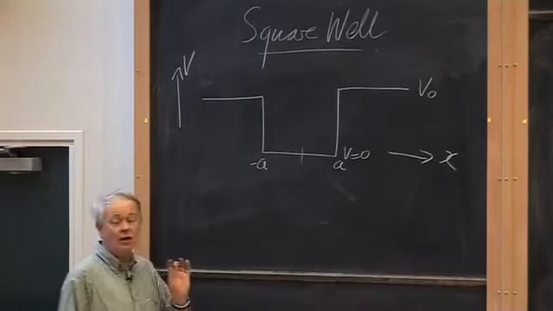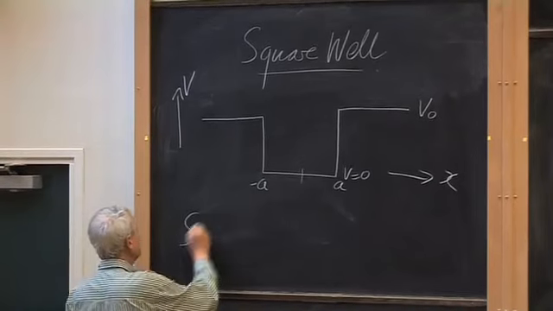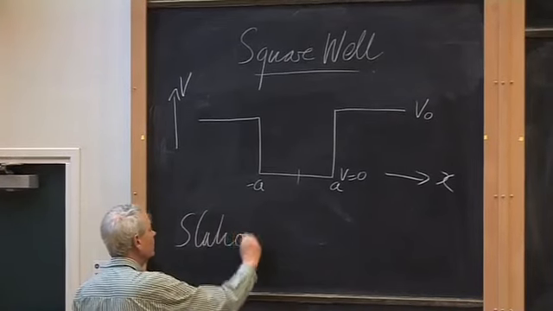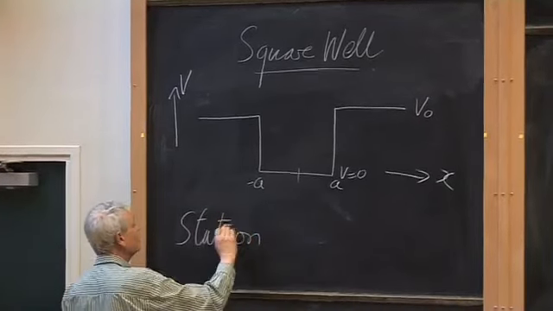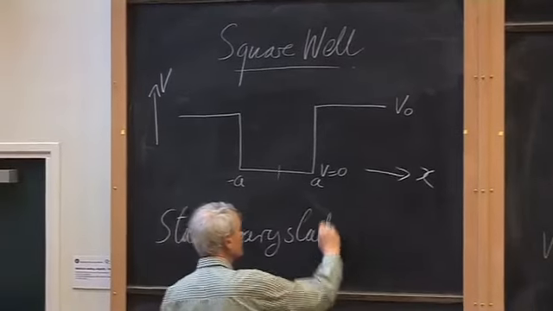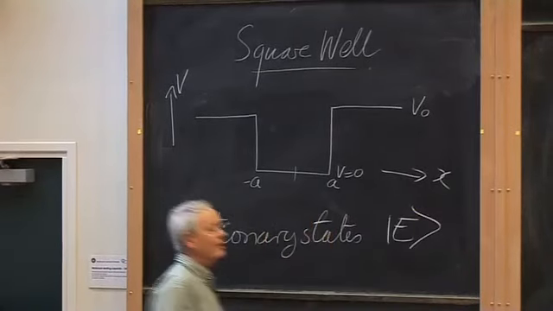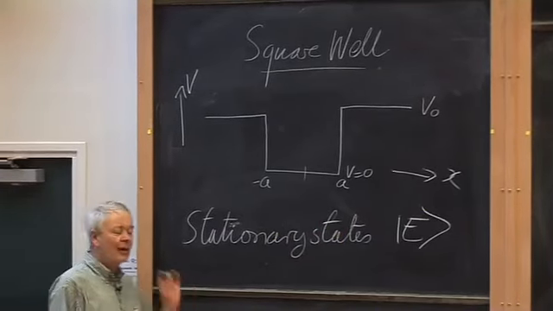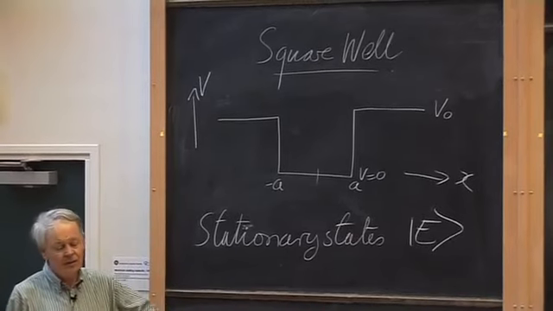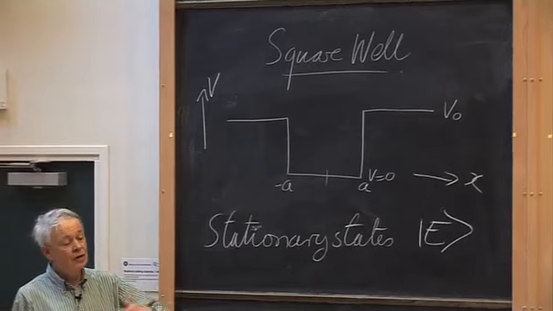In particular, what we're going to look for is stationary states, that is to say states of well-defined energy, which we write like that. We're interested in these because they enable us to solve the time-dependent Schrödinger equation trivially.